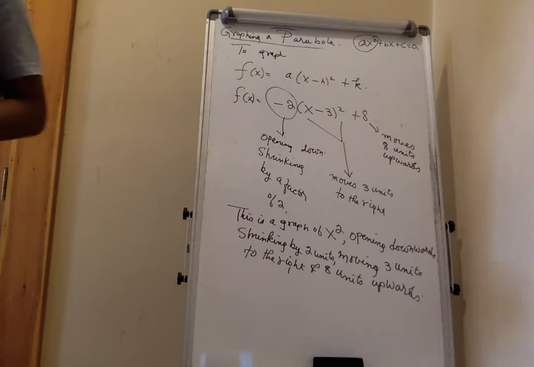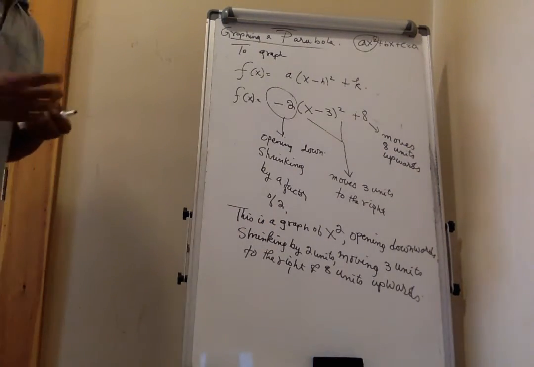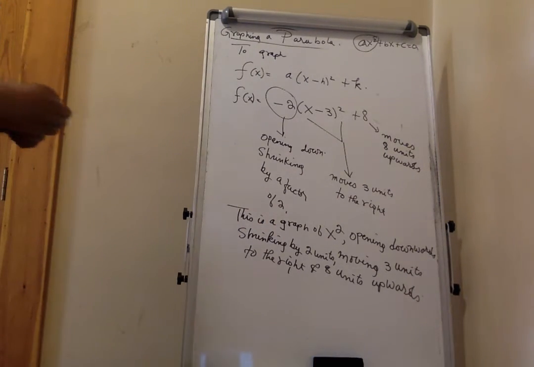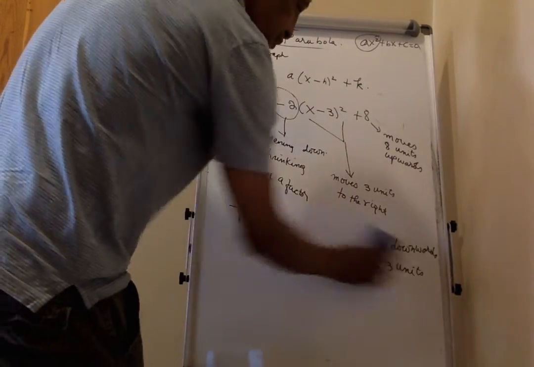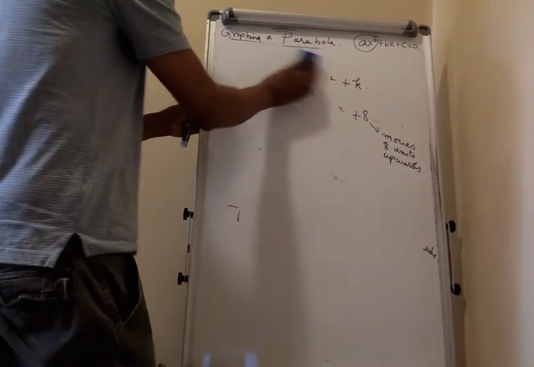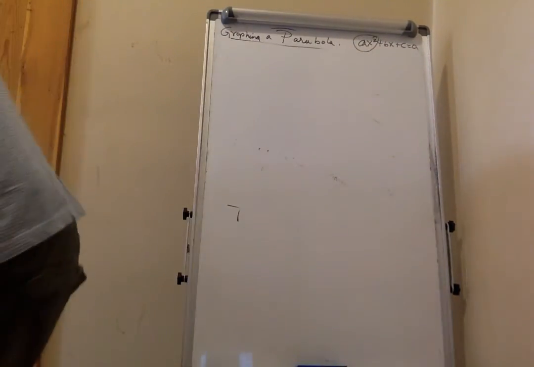Okay. So by just looking at the equation, we know what the graph looks like. Then you can go ahead and draw the graph if you want. And of course, you have to in the assignment.